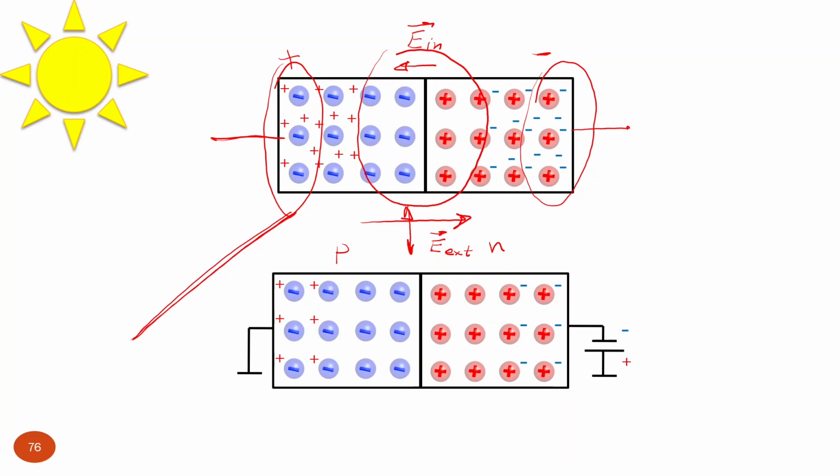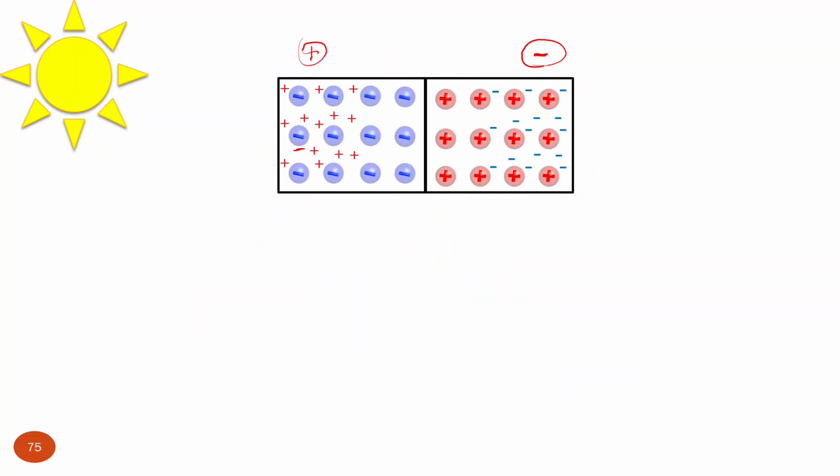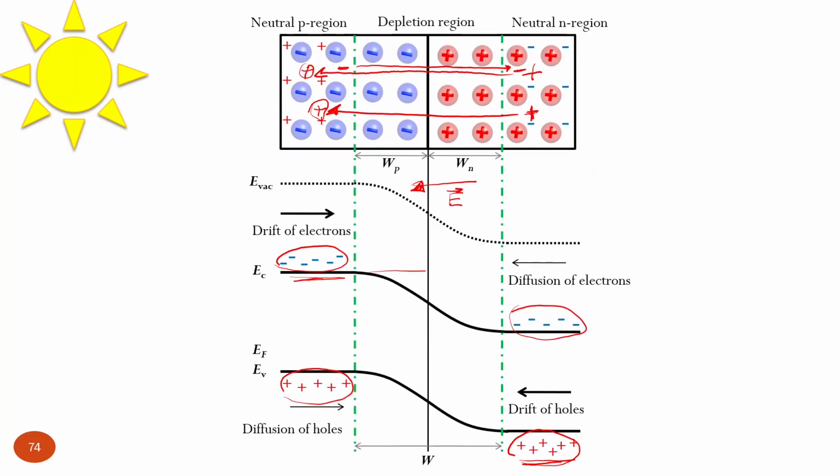Forward bias means that this potential barrier will decrease. So we had Q times VBI, and under illumination it will become Q times VBI minus VOC, the open circuit voltage.